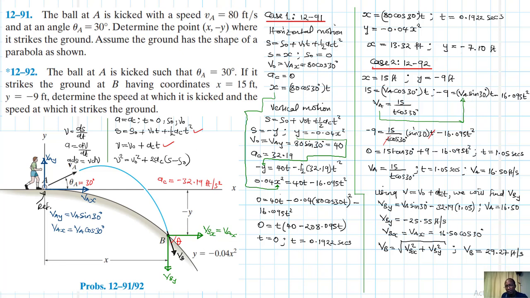Let's just outline the solutions. So we have the first case, which are the y and the x components. There we go. And then we have VA in the second case, which is the initial velocity.